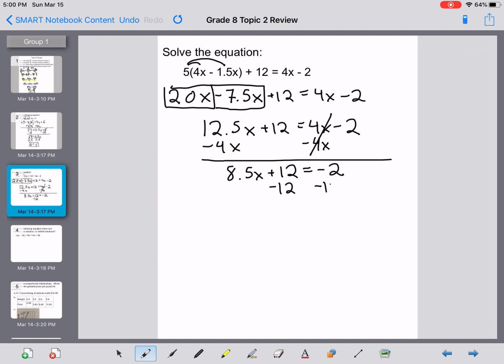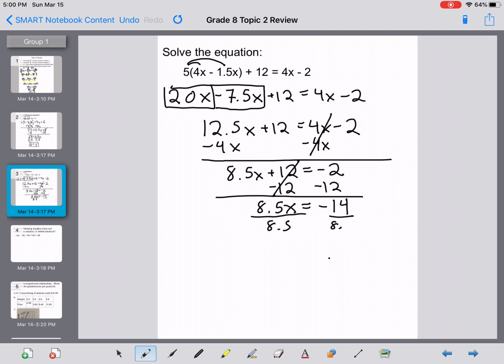I'm going to subtract 12 on both sides. I'm left with 8.5x. 12 minus 12 cancels out, equals negative 14. I divide both sides by 8.5.